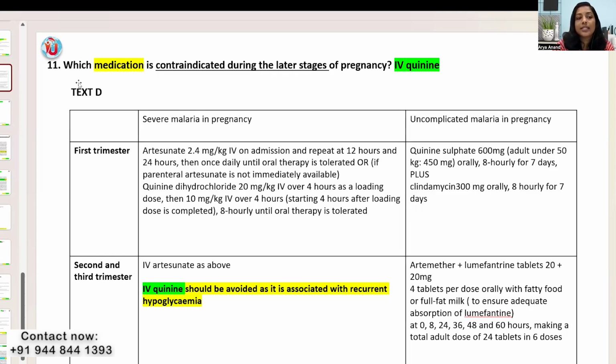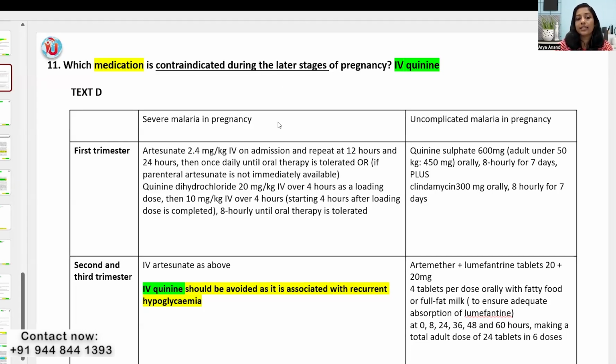Okay, so 11th question, which medication is contraindicated during the later stages of pregnancy? So medication, which text is it? Text D. Now you need to see contraindicated during the later stages of pregnancy. Later stages of pregnancy means what here? Second and third trimester. So which medication is contraindicated?